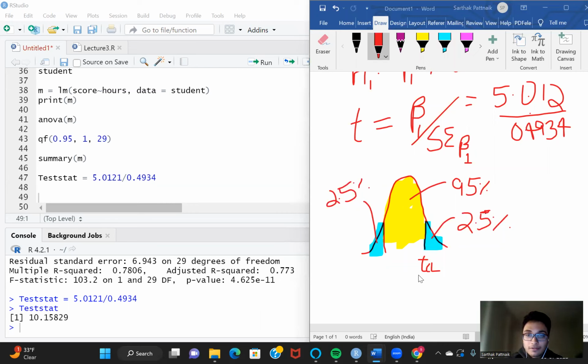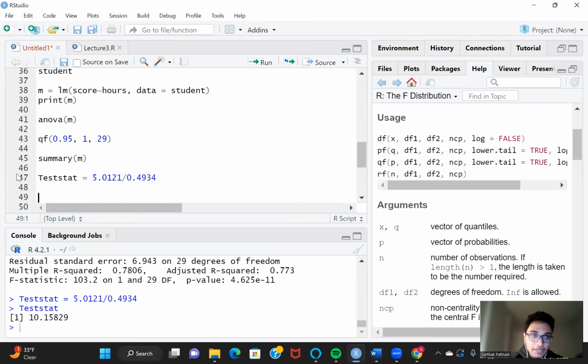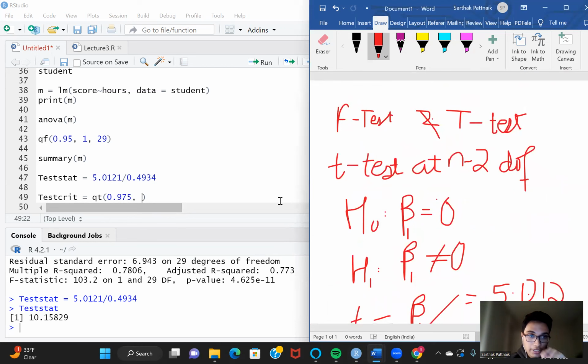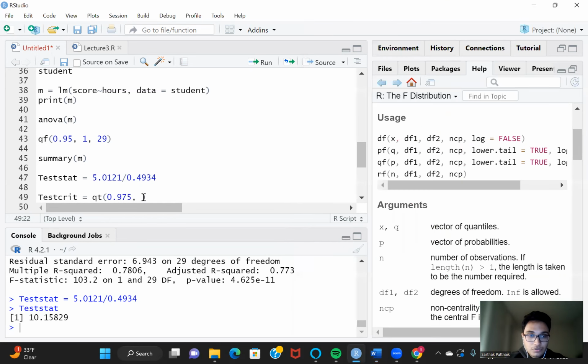So I need to use qt to find out my critical t value. So test crit is going to be qt 0.975, and this t test, as we mentioned, is done at n minus 2 degree of freedom. So 29.